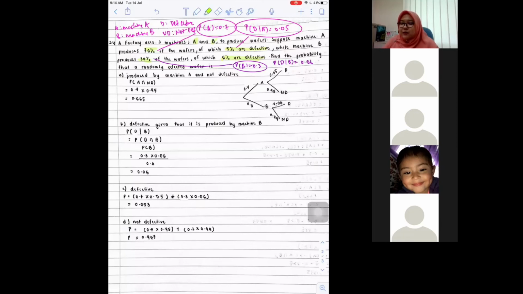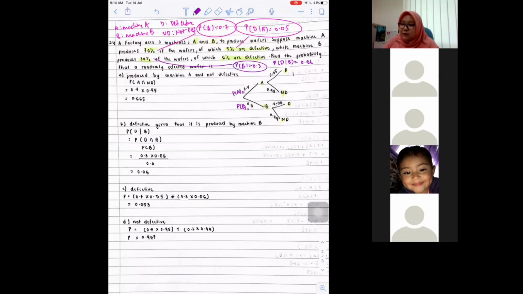So we can draw the tree diagram here, starting with P(A) and P(B). The next one is defective, not defective, and from B, defective, not defective.